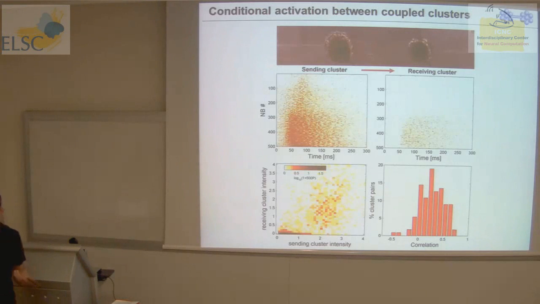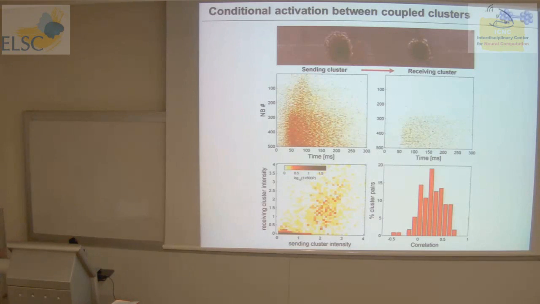Now, I should mention that it's not always a threshold that you have to cross, but the general rule is that stronger activation of the sending cluster will yield stronger activation of the receiving cluster. This is quantified here by taking many pairs and calculating the correlation over such plots, and you can see it's almost always positive.